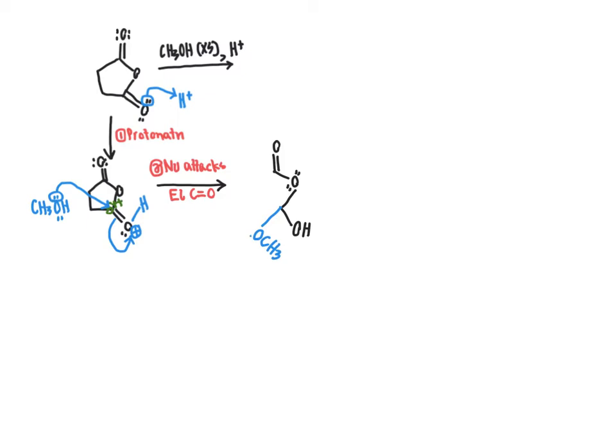That oxygen also has a proton attached to it, so I'm going to include that proton. And the oxygen will still have one set of lone pair electrons that are unreacted right here. And now drawing in the other atoms of this 5-membered ring, like so, gives us this.